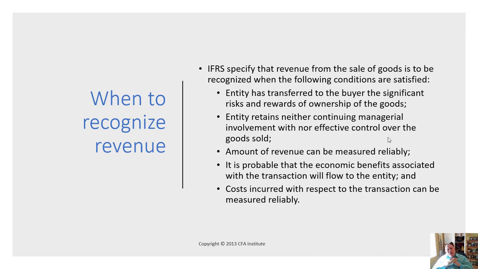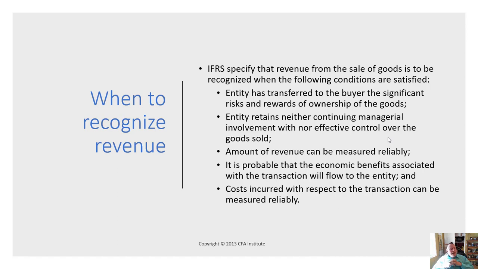When we look at it, IFRS is actually much stricter than US GAAP had been. They say revenue should be recognized under IFRS when the entity has transferred to the buyer the significant risks and rewards of ownership.